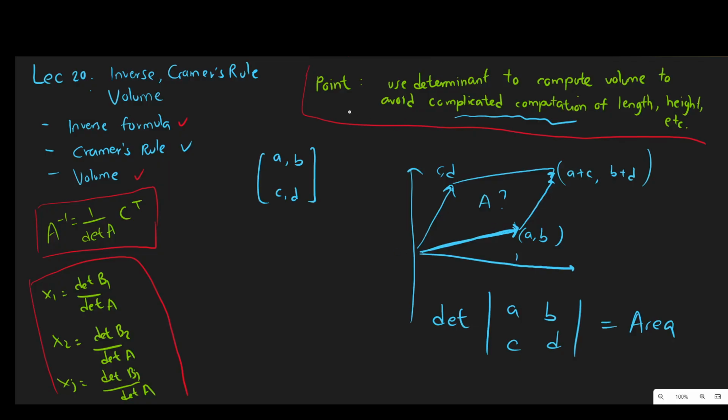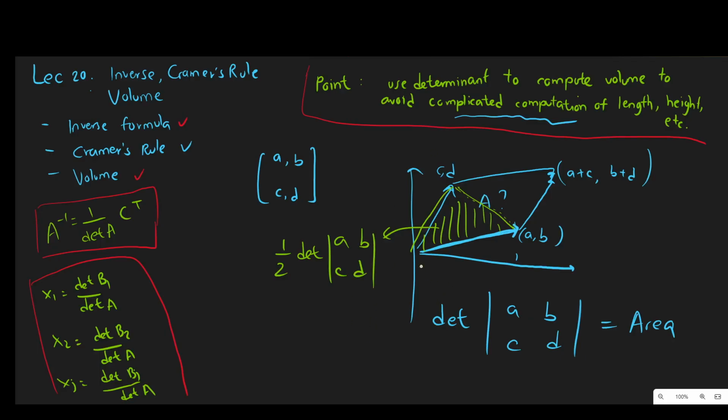Another thing that the book mentions is the area of a triangle. If you were asked to compute the area of the triangle that has the points A, B and C, D, which is this triangle right here, you can first compute the determinant of them and then just multiply by half.